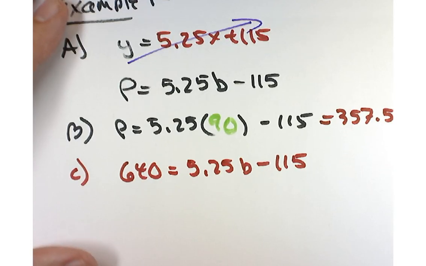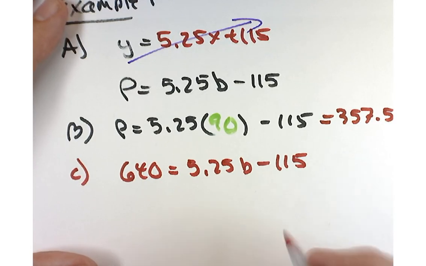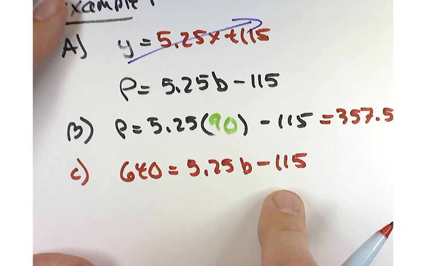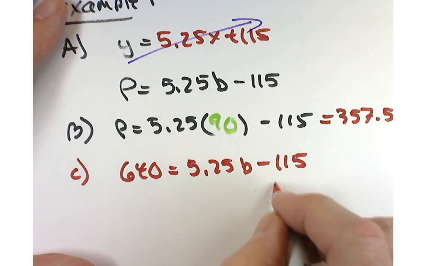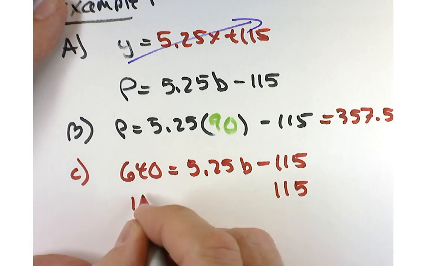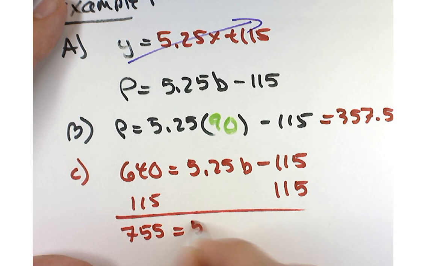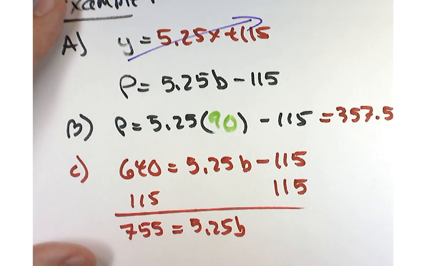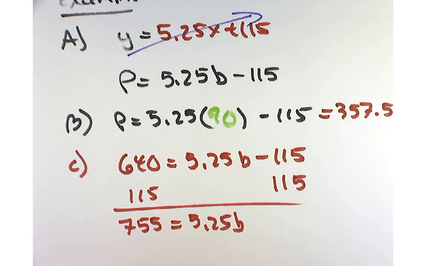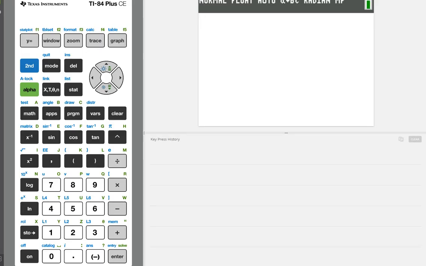Wouldn't you have to add 115 because you're gonna have to subtract? Yep. You're going to have to add 115 to both sides, so we'll end up with 755 equals 5.25 times B. And then finish it up by dividing by 5.25.